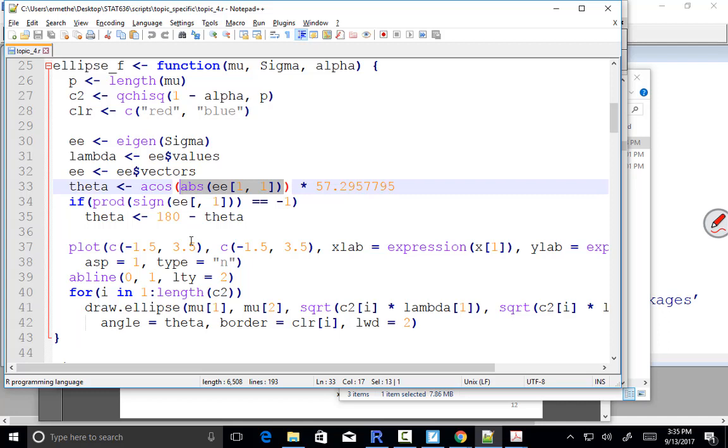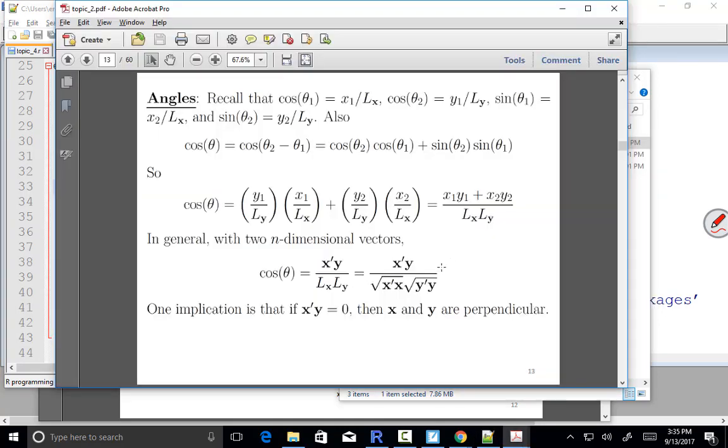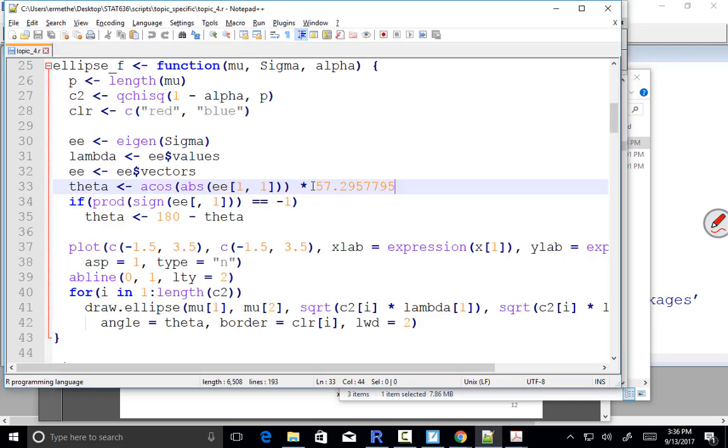I'm not going to go into the details of that, but this comes from this calculation. You can ask, what's x transpose y divided by length of x, length of y, comparing the first eigenvector to the horizontal x-axis.